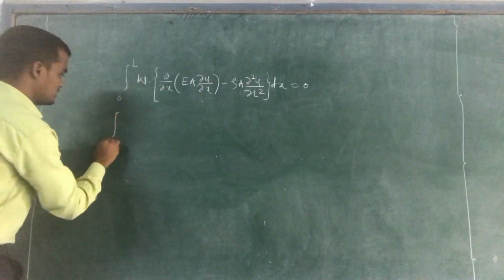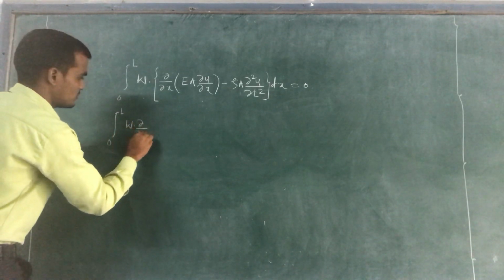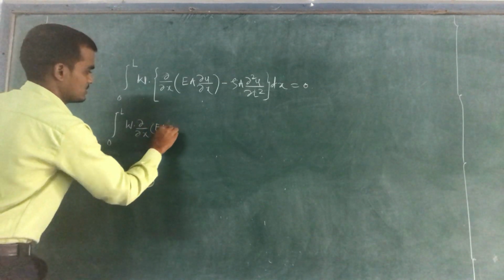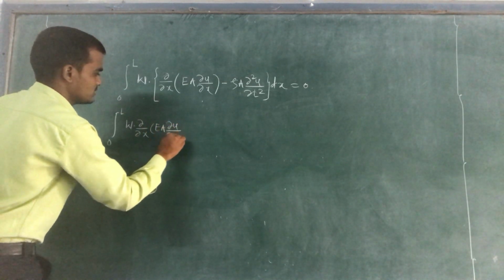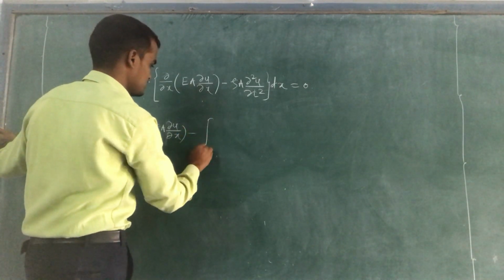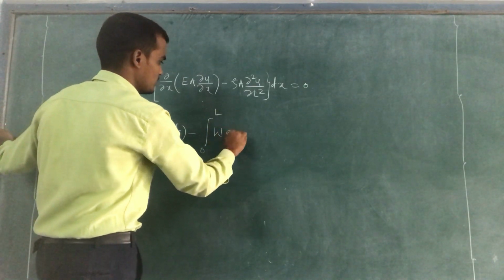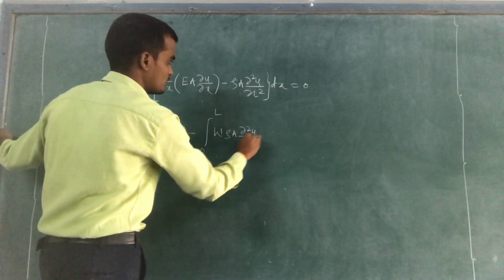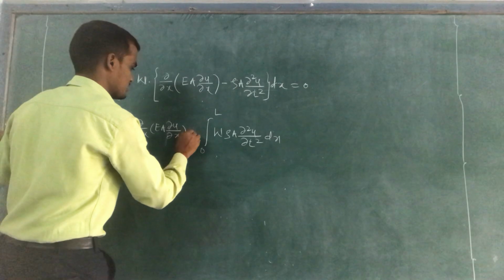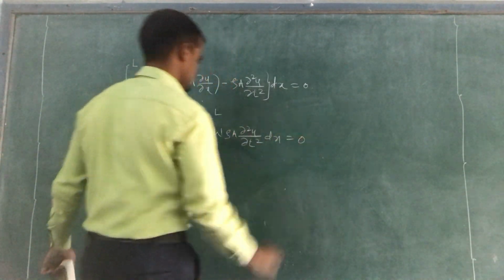So we will get integration 0 to L of W into ∂/∂x of (EA ∂u/∂x), minus integration 0 to L of W ρA ∂²u/∂t² dx, equal to 0.